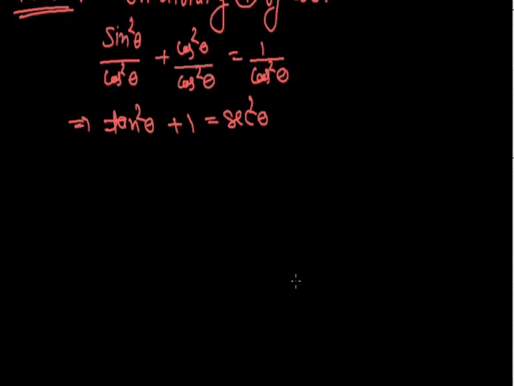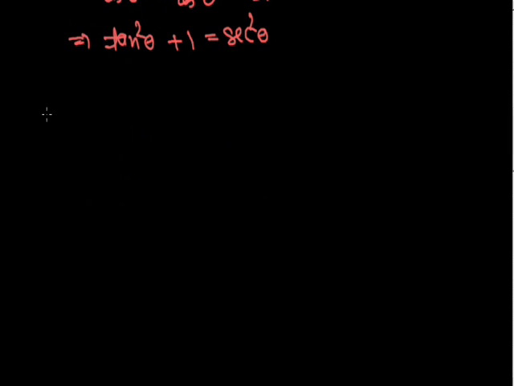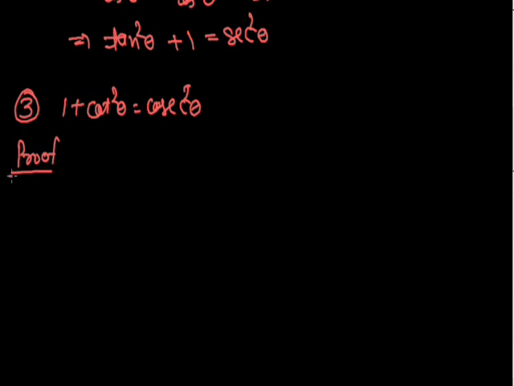Now similarly, the third identity may be given as 1 + cot²θ = cosec²θ. To prove this identity, we can apply any of the above two methods.